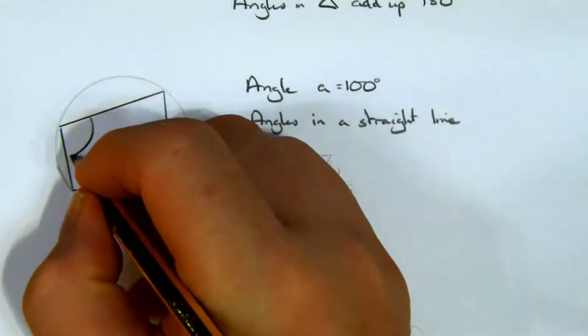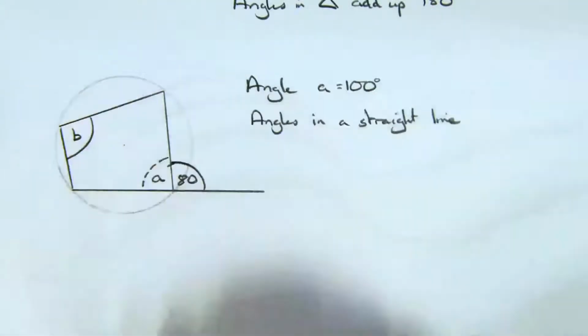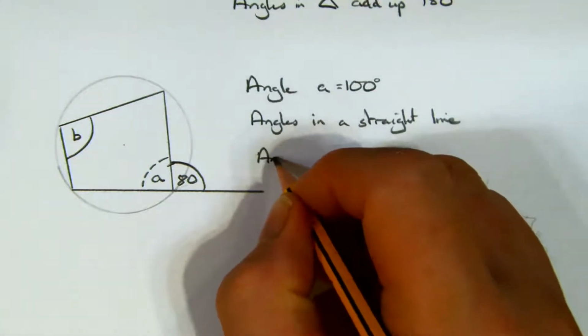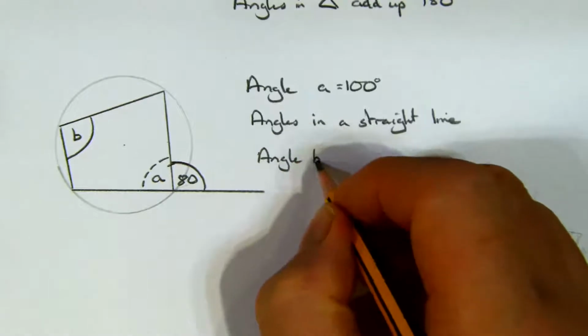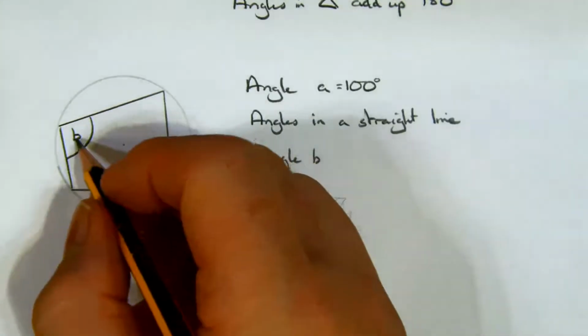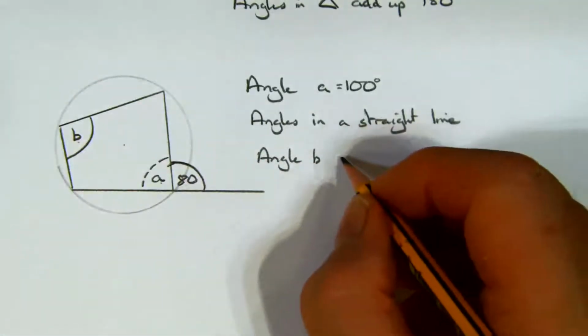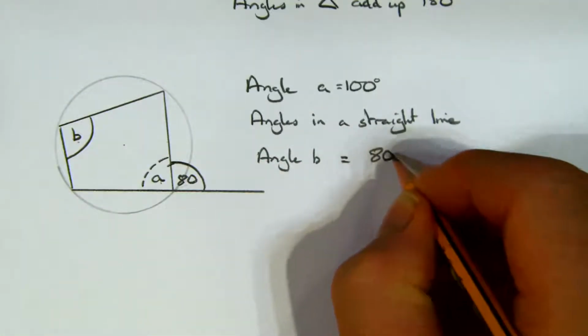How about if I wanted to work out what angle B is? Well, we know that angle A plus angle B are going to make 180. So angle B will equal 80.